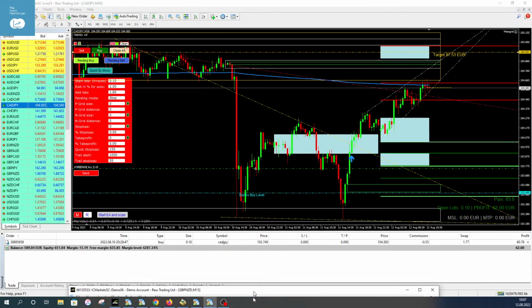So let's look back to our live trade here. Still a really big indecision in the market. Buyers and sellers don't know what they want to do, or buyers and sellers are at the moment in balance. So we have almost the same number of buyers and sellers, and this is the reason why the price at the moment goes sideways.